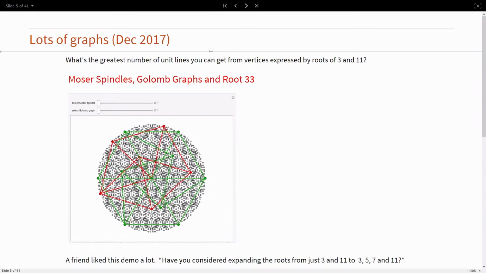So one fun project I tried looking at 5 years ago was the greatest number of unit lines you could get from sets of vertices. And here's one where I just looked at roots of 3 and 11.